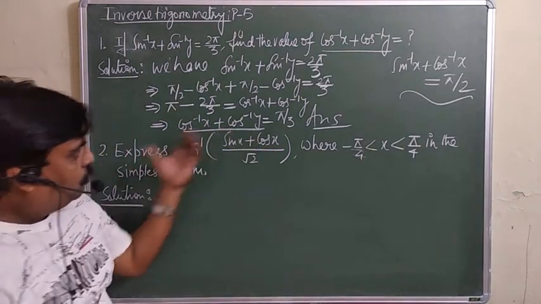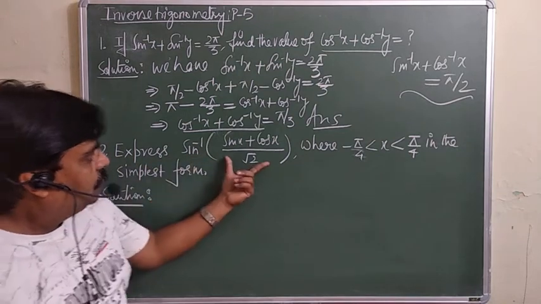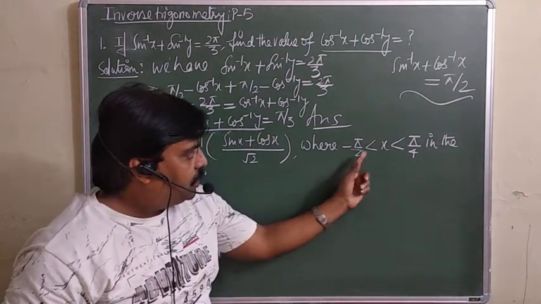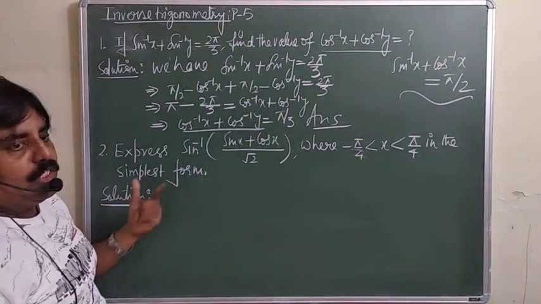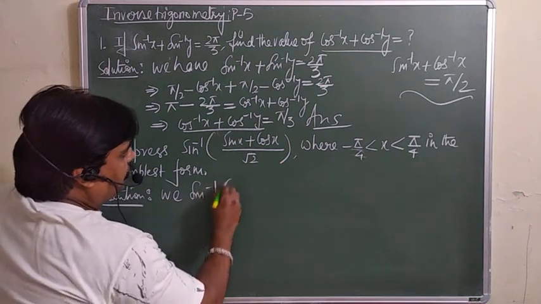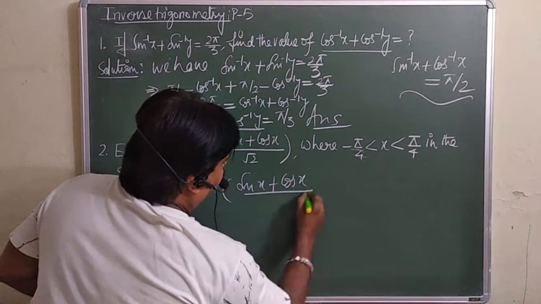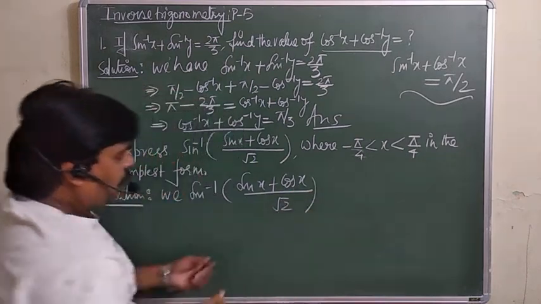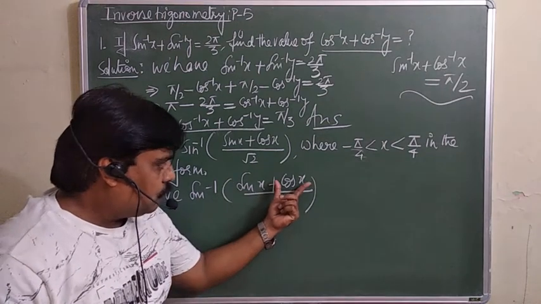Similarly, there is one more 2 mark question. Express sin inverse of this, where x is greater than or equal to minus pi by 4 but less than pi by 4, in the simplest form. So this is given. We want to write this in the simplest form. So what we will do, this root 2 you can write with sin x and cos x separately.